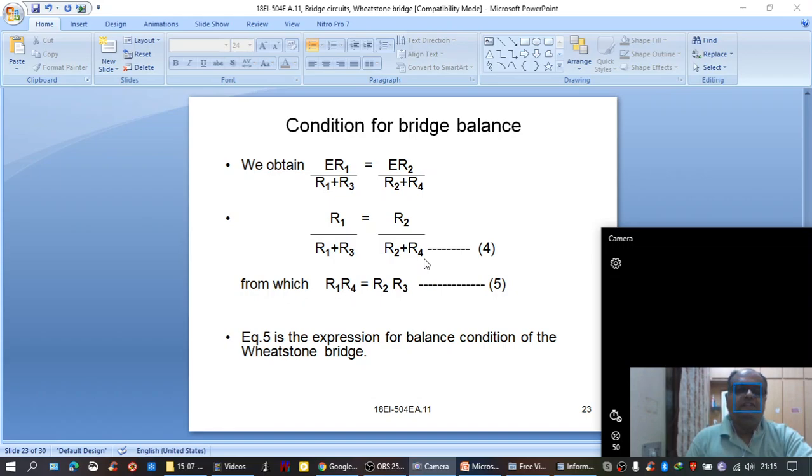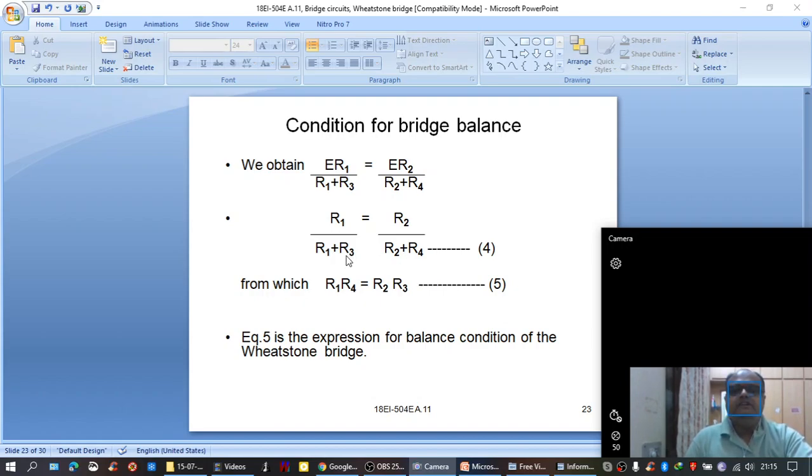Now by cross multiplication, R1 R2 plus R1 R4 on the left hand side should be equal to R1 R2 plus R2 R3 on the right hand side.